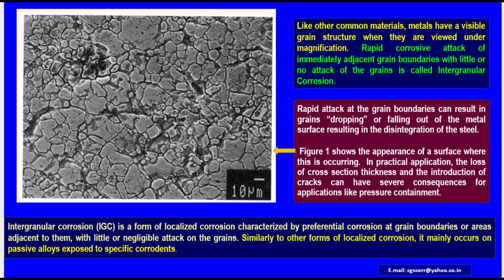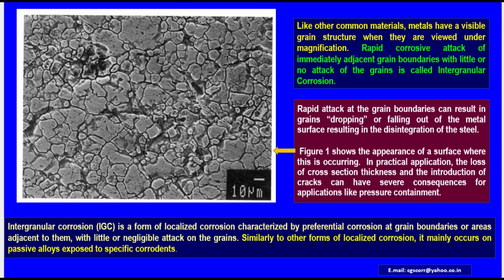Similarly to other forms of localized corrosion, it mainly occurs on passive alloys such as aluminum and stainless alloys, exposed to specific corroding environments.